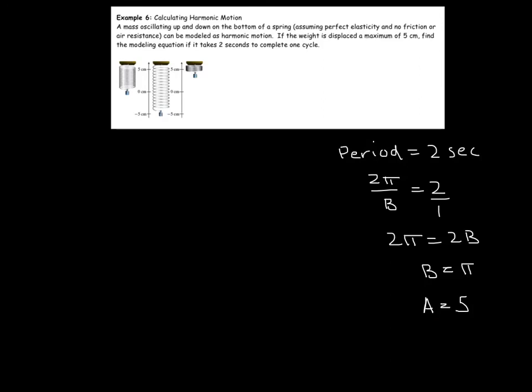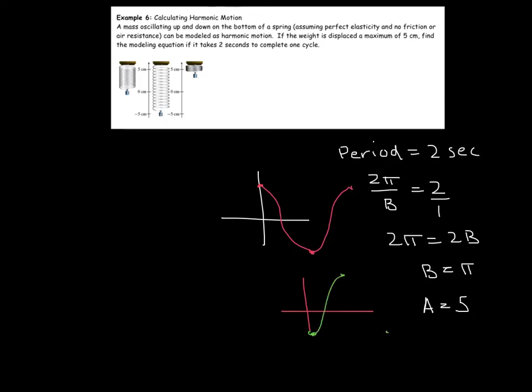If it starts at its minimum, that's going to be a reflected cosine. Let's review: the cosine curve starts at its max, halfway through it's at its minimum, and it ends at its max. So there is the regular cosine. The reflected cosine starts at the minimum, then maximum, then minimum.